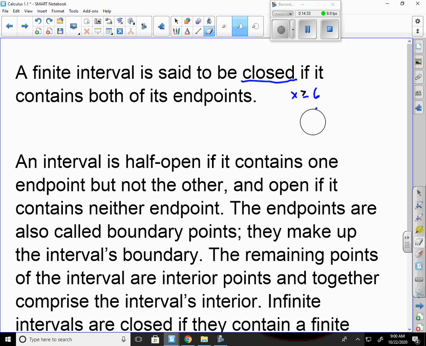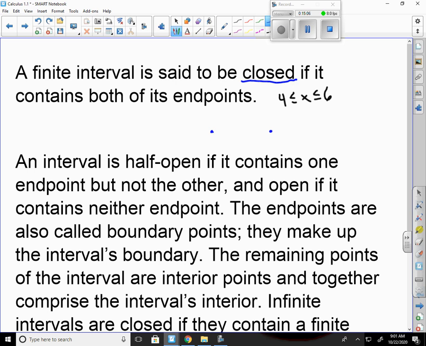I guess we should make this a closed interval on both ends. So 4 less than or equal to x less than or equal to 6. Because here, if I'm looking at this segment, it includes the points 4 and 6, which are the endpoints. The equal sign underneath the less than shows that. So that would be a closed interval.